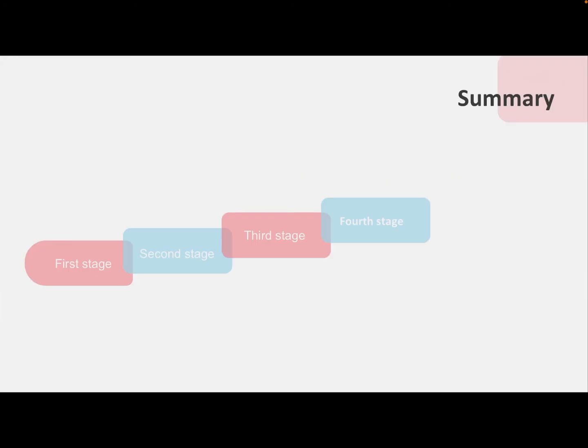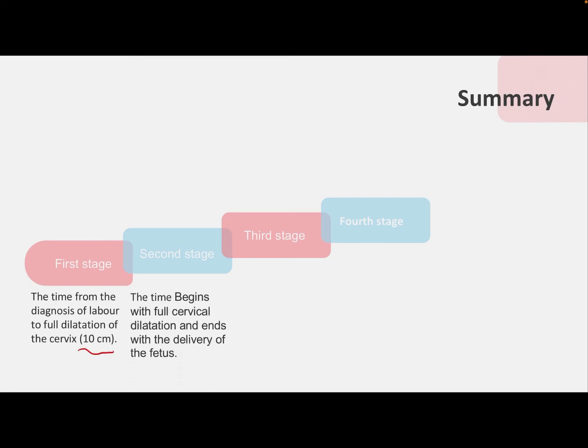Okay, so as a summary of the stages of labor: the first stage is the time from the diagnosis of the first labor contraction to the full dilation of the cervix, 10 centimeters. Then the second stage is the time from full dilation of the cervix to the delivery of the fetus.